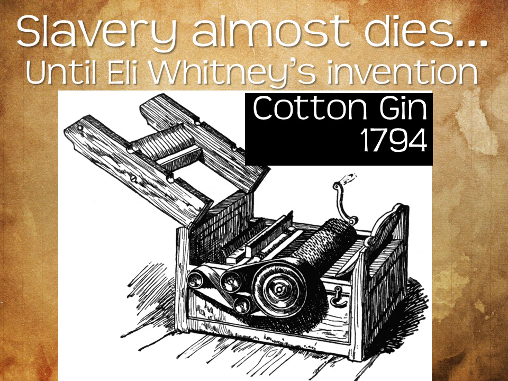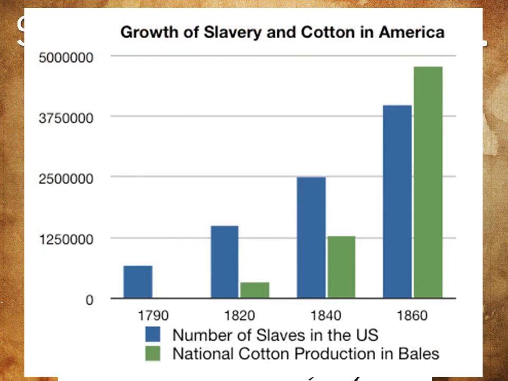It didn't make a plantation owner very much money. But with Eli Whitney's cotton gin, it made the process extremely quick, which means it could make every plantation owner extremely rich. And so every plantation owner wanted to plant cotton, which means they needed more slaves.